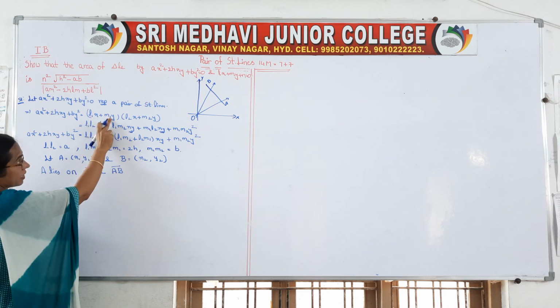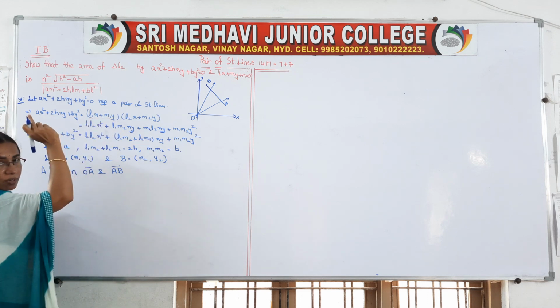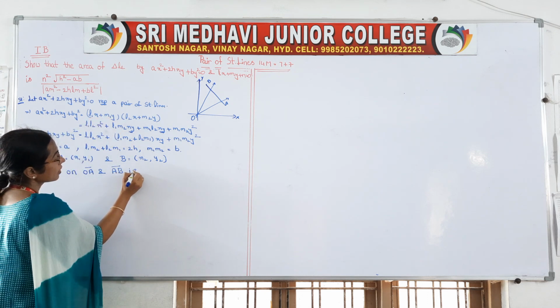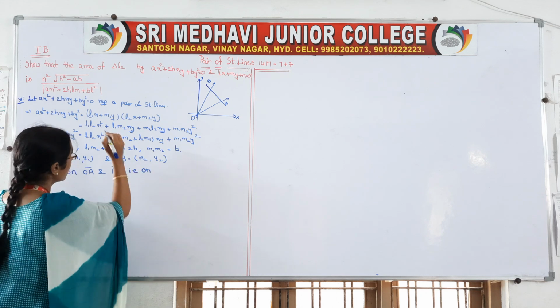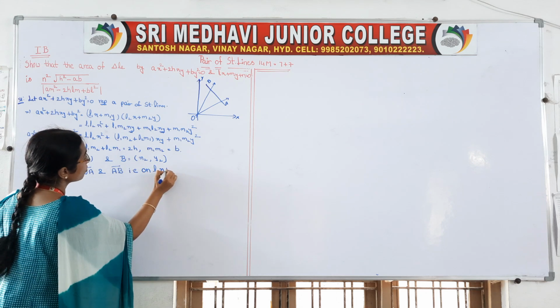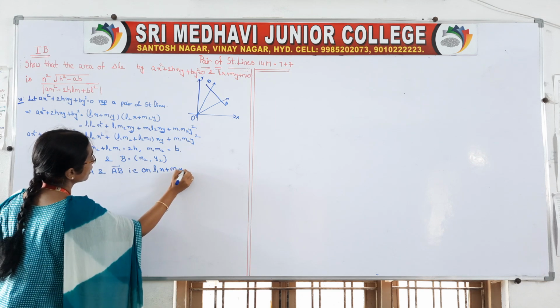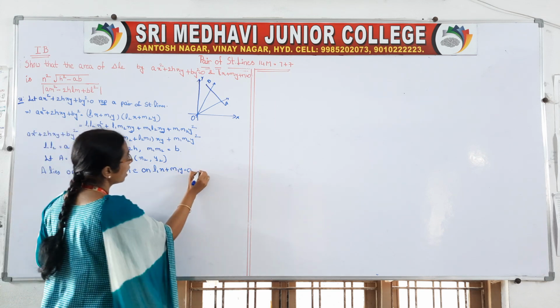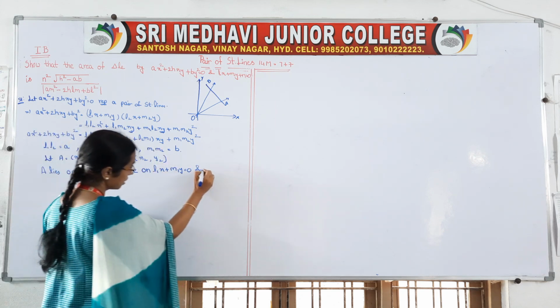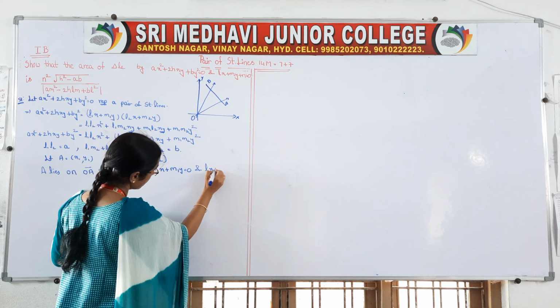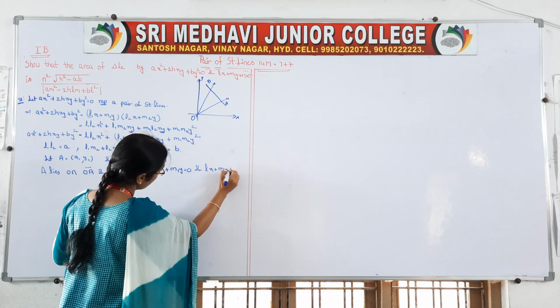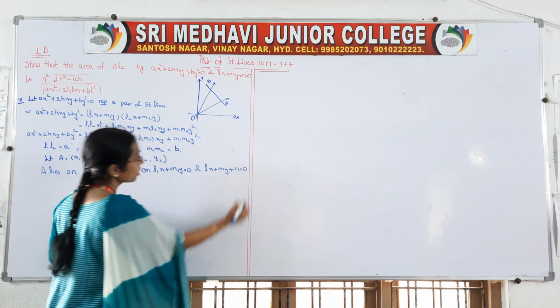OA is l1x plus m1y equal to 0, and what is your AB line? lx plus my plus n is equal to 0.